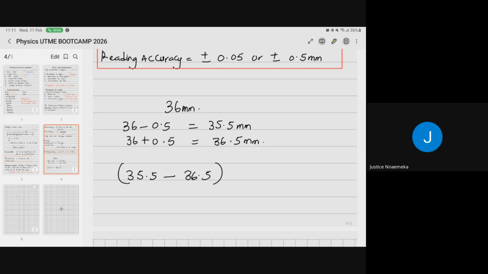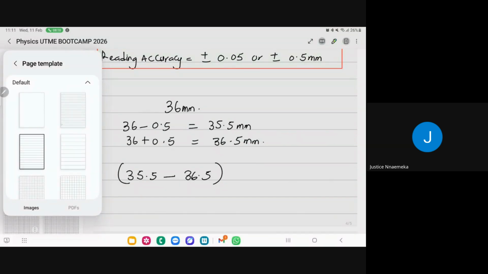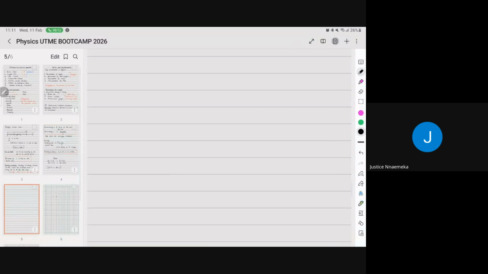All right, having said this, let's now go back and focus entirely on our meter rule, since I've spoken about your reading accuracy and other things. Now, what are the things I want you to remember about your meter rule? If you have questions, ask me.